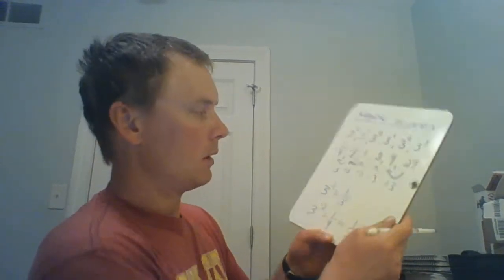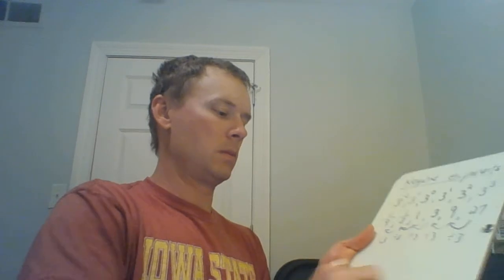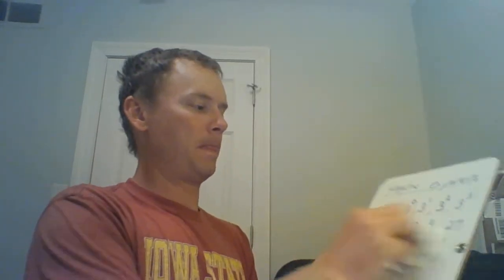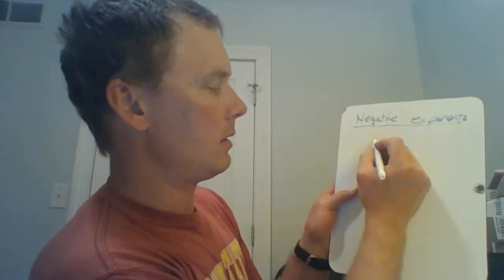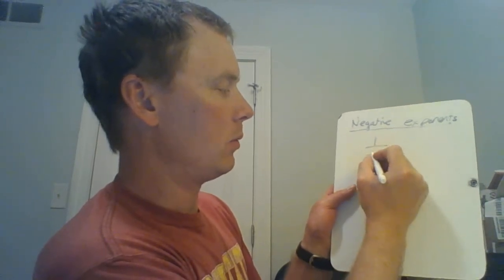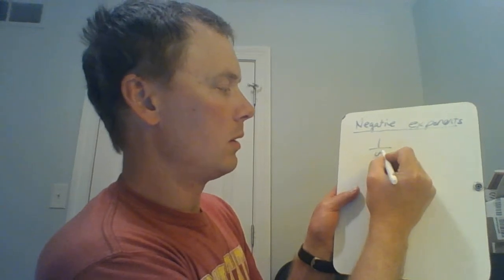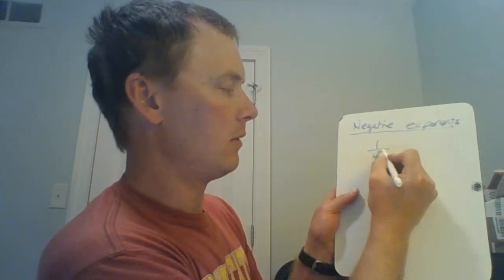Okay? So with all that said, let's try a few. We're going to simplify negative exponents. So anything that's a negative exponent, we're going to make a positive exponent. So what if I had 1/4 to the negative second?